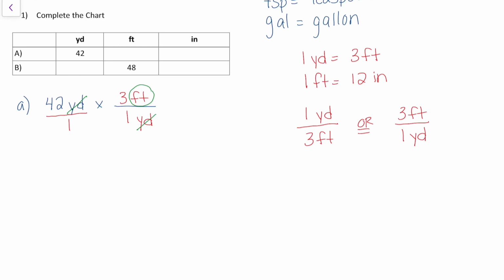Okay. This tells me whether I'm going to multiply my numbers or divide my numbers. So here I have 42 yards times 3 feet over 1 yard, or in my calculator, I can just do 42 times 3. I get 126 feet.